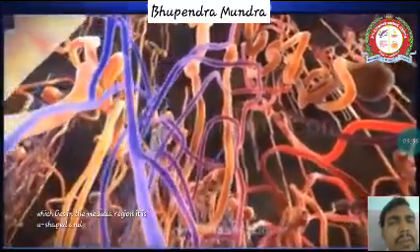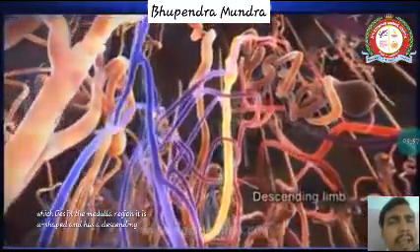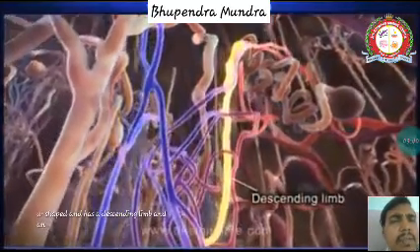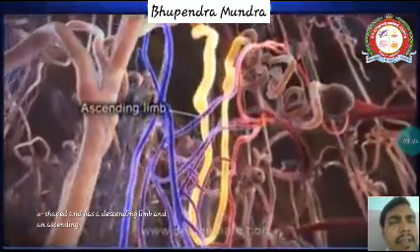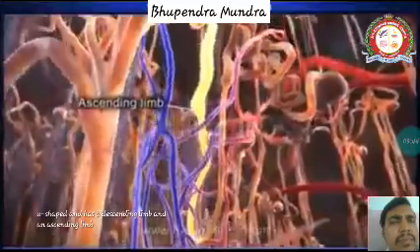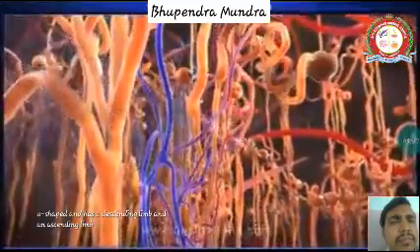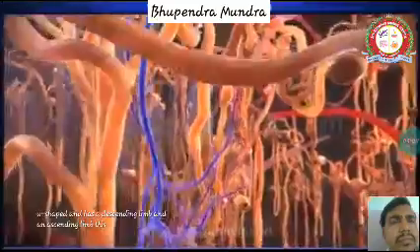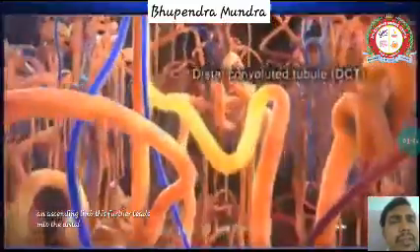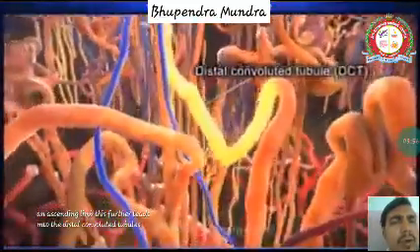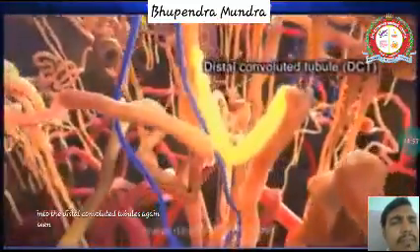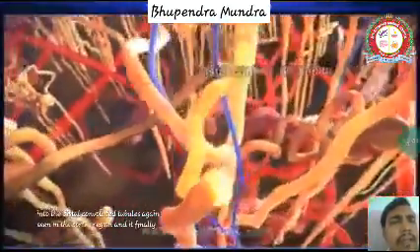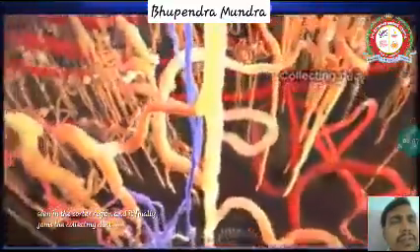It is a U-shaped structure and has a descending limb and an ascending limb. This further leads into the distal convoluted tubule, or DCT, again seen in the cortex region, and it finally joins the collecting duct.